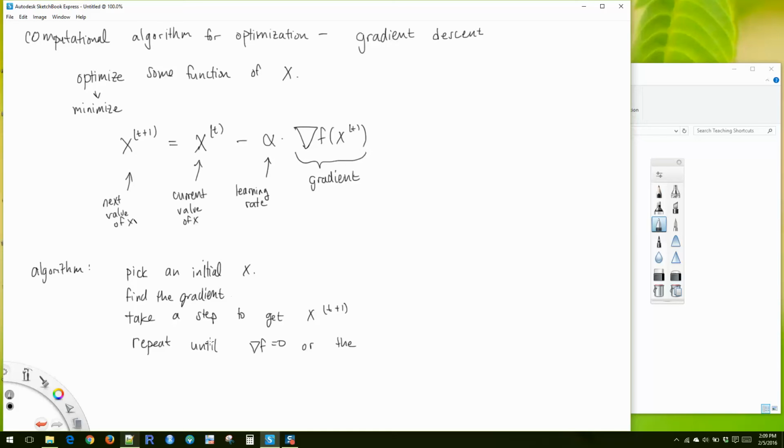Repeat until the gradient is 0, or I should say the difference between the function at x at time t and the function at x at time t plus 1 is below some tolerance level.